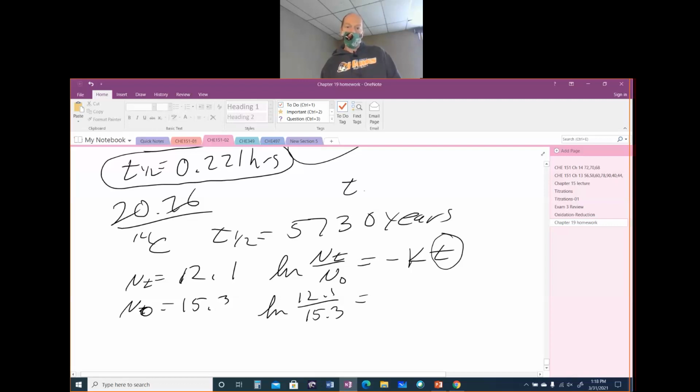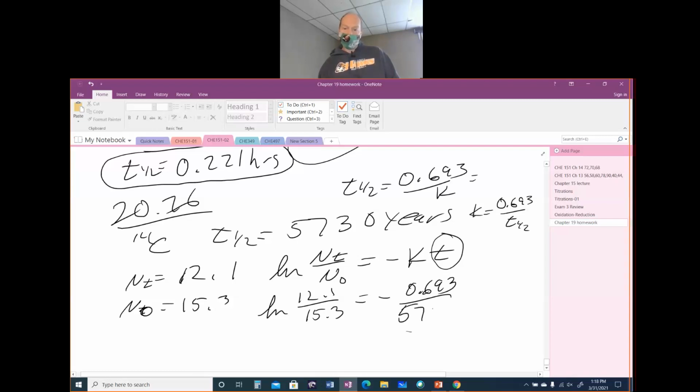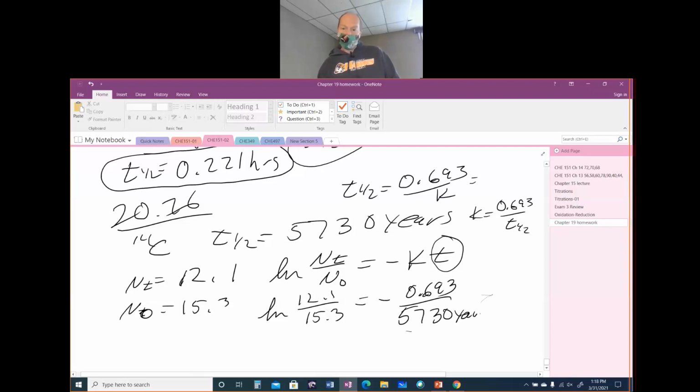T1/2 is 0.693 over k, so k is equal to 0.693 over T1/2, with the half-life given as 5,730 years. When you solve for t, the units are years. Whatever units you have here, that's the units you get. So when you push the buttons, you find that it is 1.94 times 10 to the third years old.